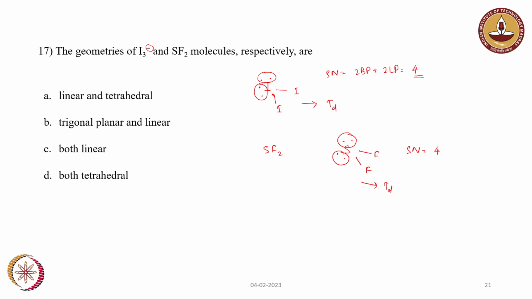So total of 4 is the steric number. So the geometry will be tetrahedral. And in SF2, sulfur has 6 valence electrons, and it forms 2 bonds with fluorine. So 2 lone pairs and 2 bond pairs. So steric number 4. Same as previous case, the geometry will be tetrahedral. So the answer is both tetrahedral.